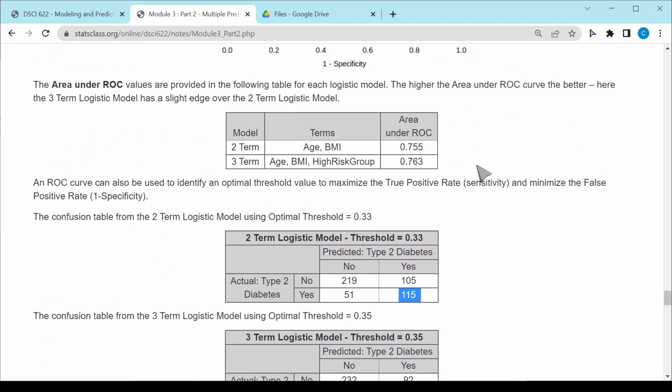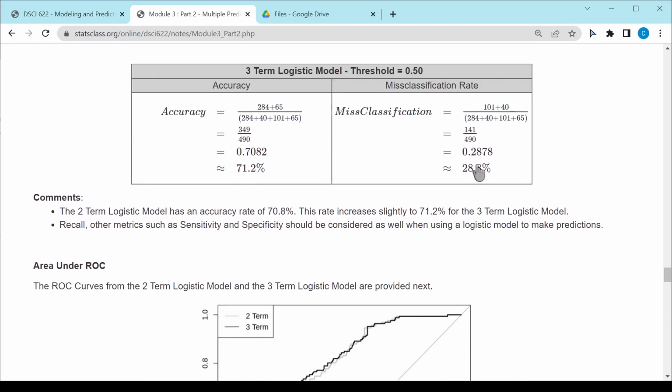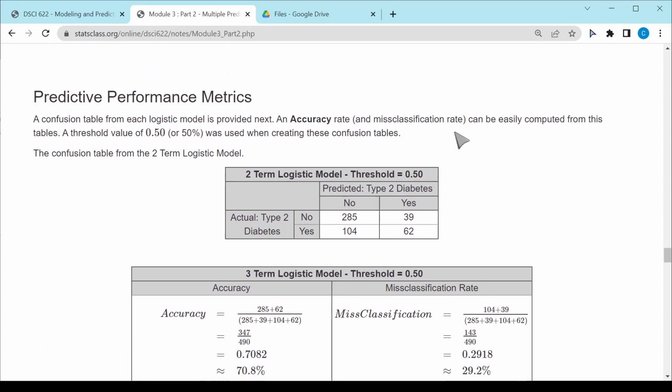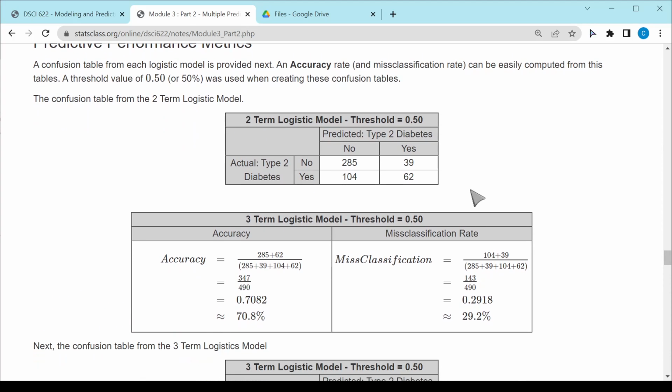What is also going to happen, though, is that I am going to increase my false positive rate as well. So here I had 39 that I said did have diabetes out of the 285 plus the 39 there. So if I make it easier to say people have diabetes, then my false positive rate's going to go up as well.